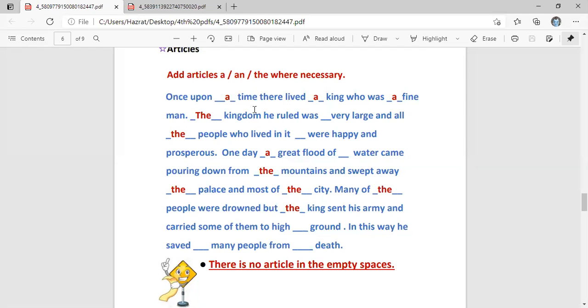Many of the people were drowned, but the king sent his army and carried some of them to high ground. In this way, he saved many people from death. You can use the death here, because it means death because of the flood, because of the water. Have you written it?